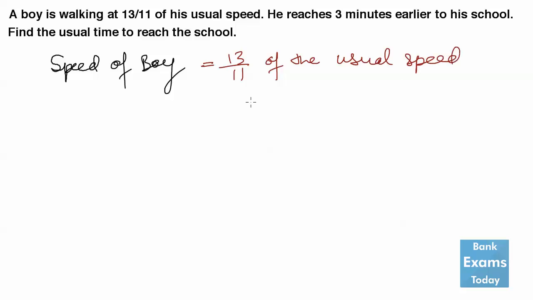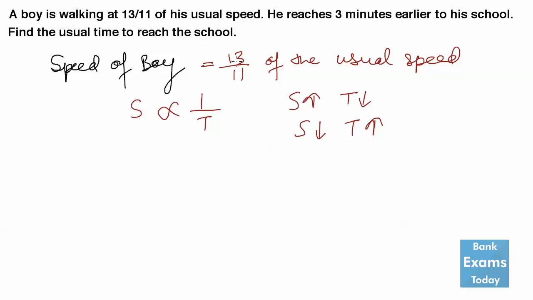As I told you earlier, there is a relationship between speed and the time taken. So speed and time has inverse relationship. So if the speed increases, time taken decreases, and if the speed decreases, the time taken increases. So there is an inverse relationship.